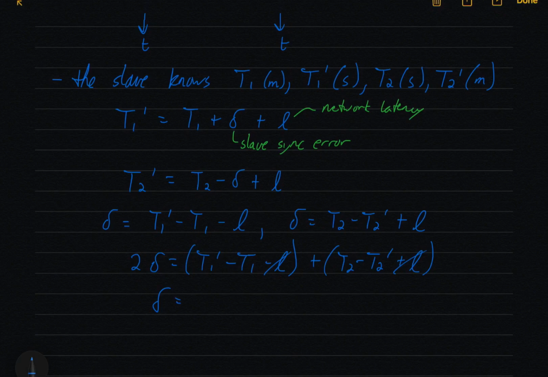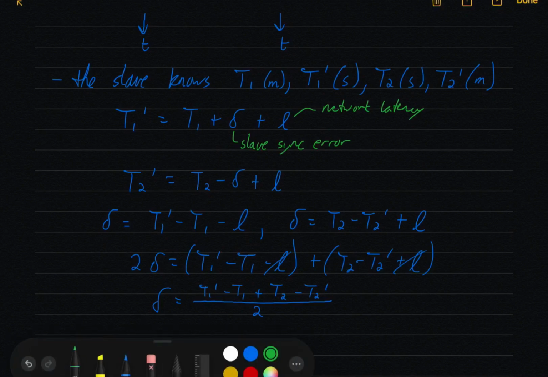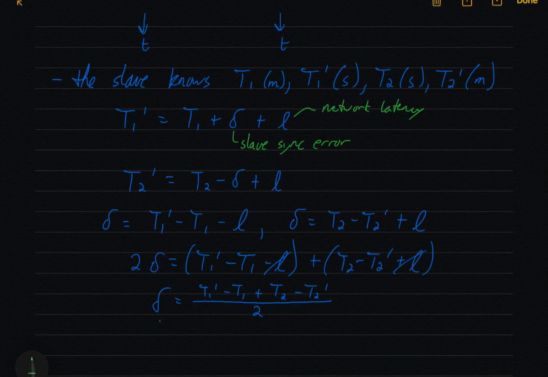Delta is equal to T1 prime minus T1 plus T2 minus T2 prime all over 2. So delta is the correction factor for the slave clock.